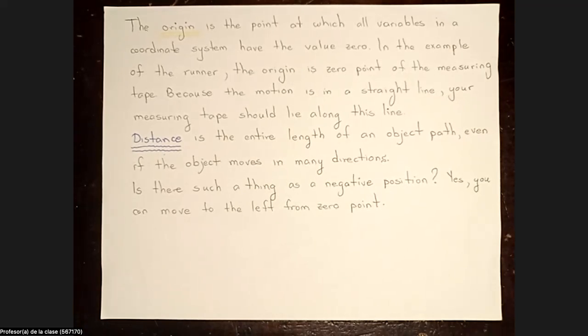In the example of the runner, the origin is the 0 point of the measuring tape because the motion is in a straight line. Your measuring tape should lie along this line, okay? So back to the imagination.